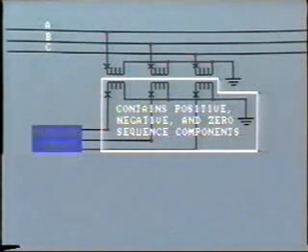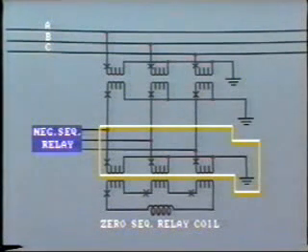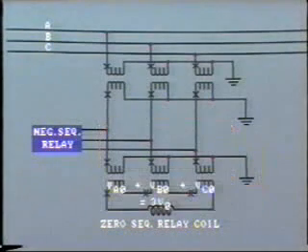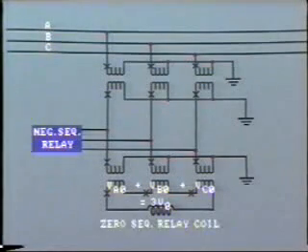This enables the relay to detect the presence and magnitude of negative sequence voltages. Additionally, to detect zero sequence voltage, an auxiliary transformer can be connected like this. The primary is Y connected with the secondary in broken delta. The zero sequence voltage in each phase is summated and fed to the voltage coil of the ground relay.